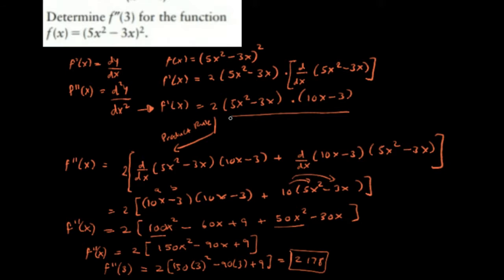And you can also do this another way, where you expand this out, and then you can just use some of the rules that we looked at for polynomials, the power rule, the sum and difference rules, and the constant rule, right?